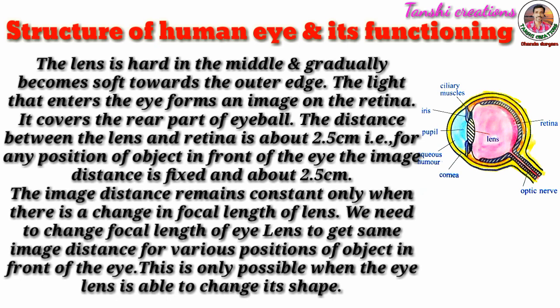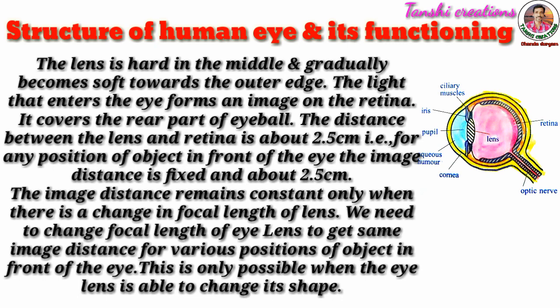The image distance remains constant only when there is a change in focal length of the lens. We need to change the focal length of the eye lens to get the same image distance for various positions of the object in front of the eye. This is only possible when the eye lens is able to change its shape.